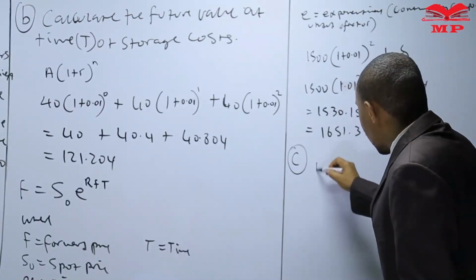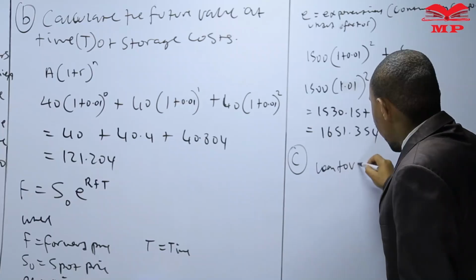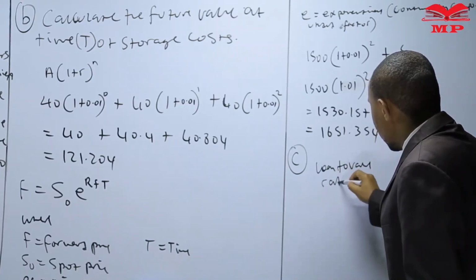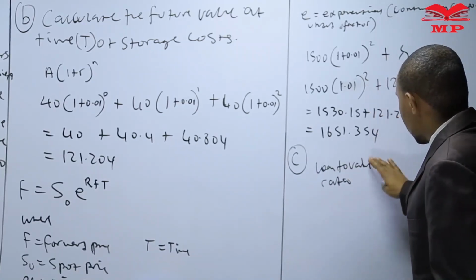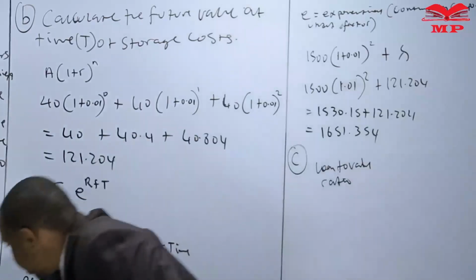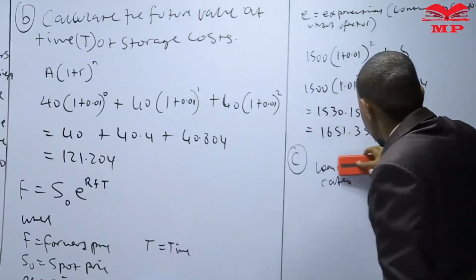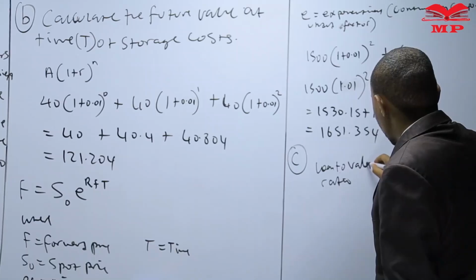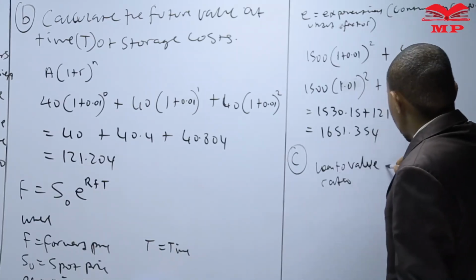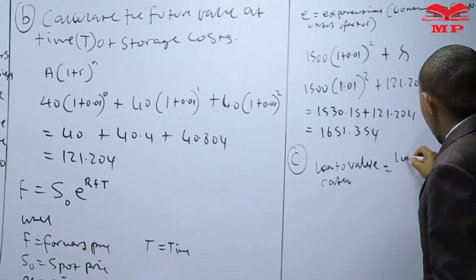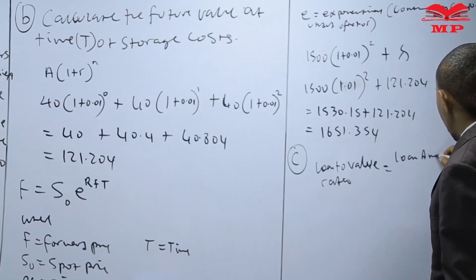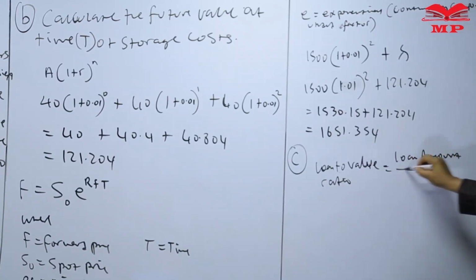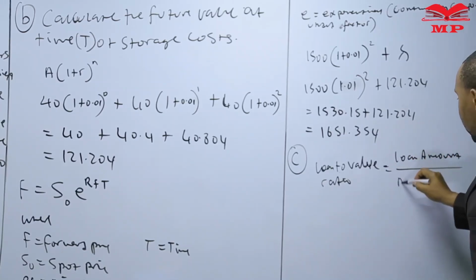So one thing you need to take note of is that the loan to value ratio is given as loan amount divided by appraised value.